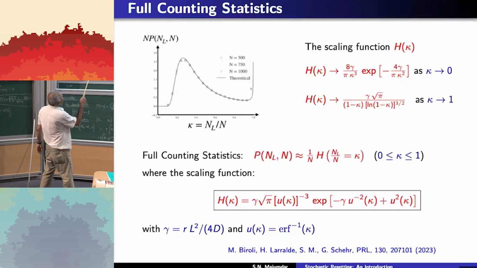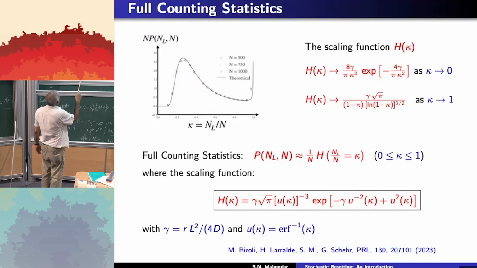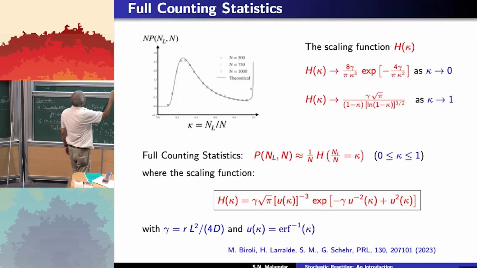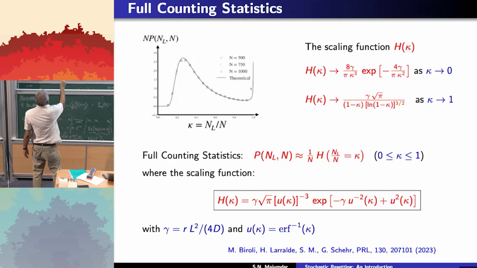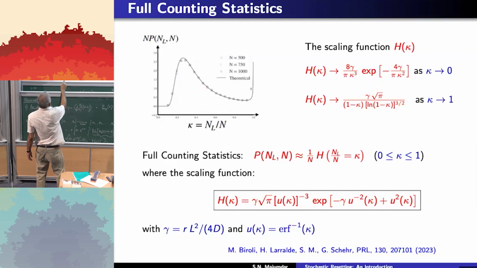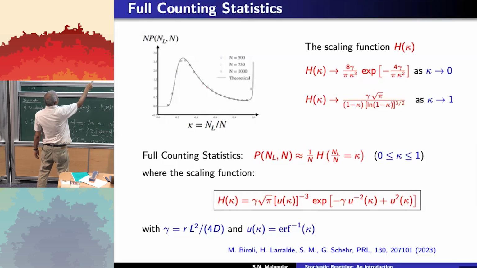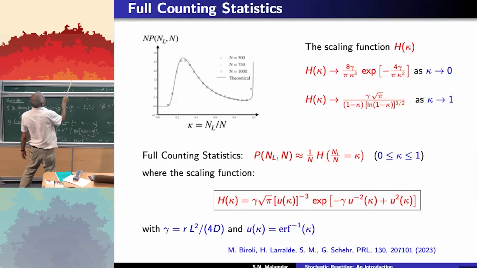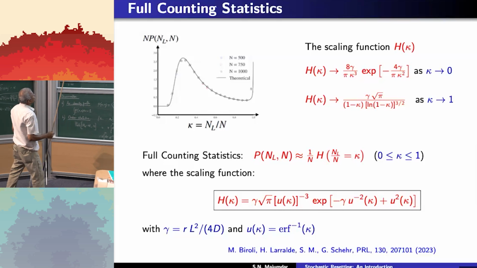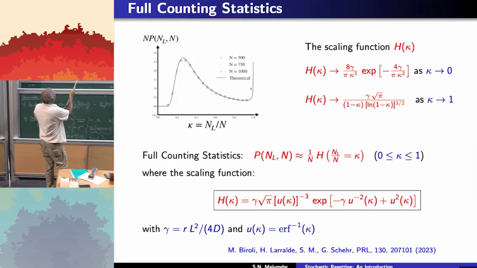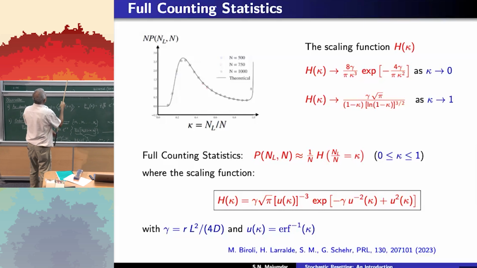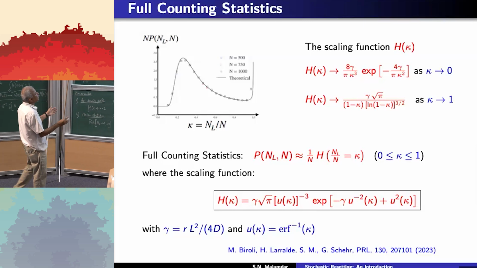What you see is that for kappa going to 0, it has an essential singularity, quite a complicated form, and it is a non-monotonic behavior. It increases, then goes down, and then finally diverges in a just barely integrable way as kappa goes to 1. This is because of the resetting, because kappa going to 1 means that all the particles are inside this box.